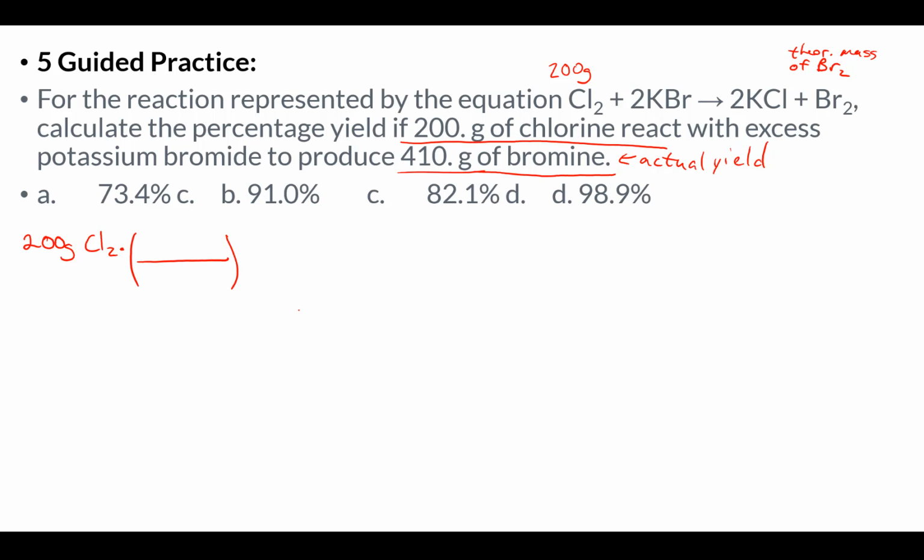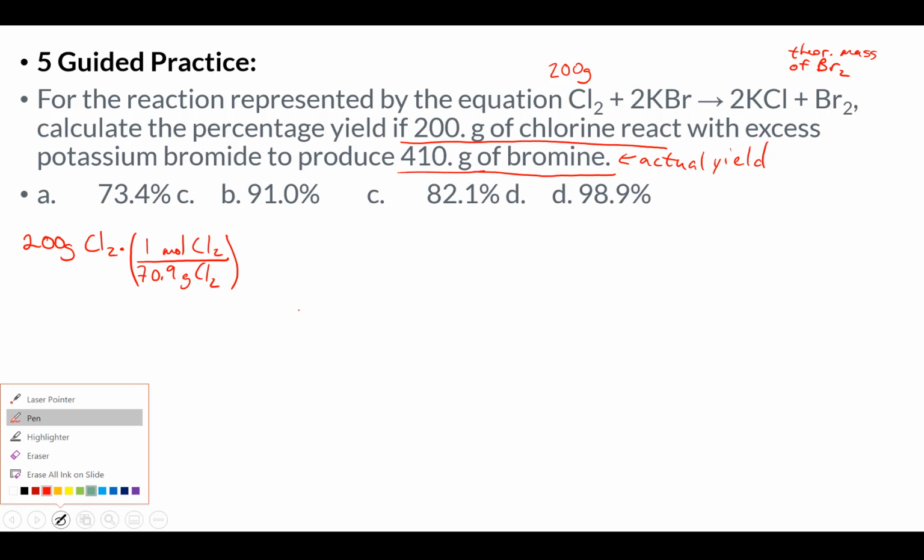We need to convert to moles, so I need to look up the molar mass of chlorine. Chlorine has a molar mass of 35.45, so the molar mass of Cl2 is 35.45 times 2, 70.9. I multiply by 1 over that molar mass, so 70.9 grams of Cl2 on the bottom and 1 mole of Cl2 at the top. Grams Cl2 cancels.